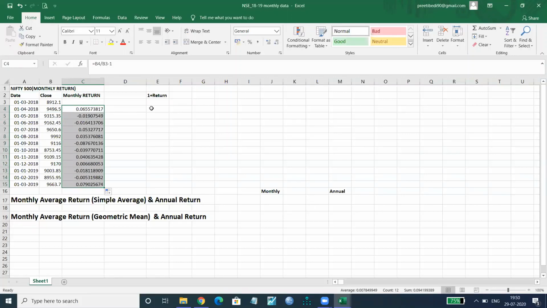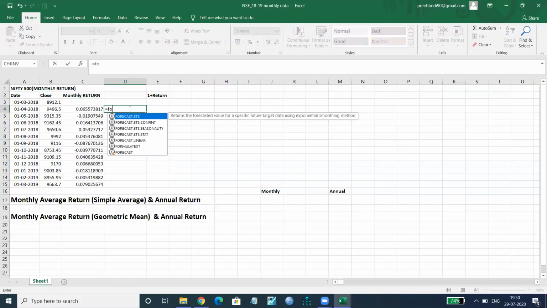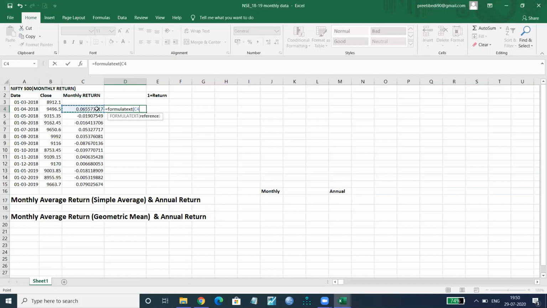I have calculated. Now for your reference, I will put the formula here. This is the formula which I have used to calculate the simple monthly return.